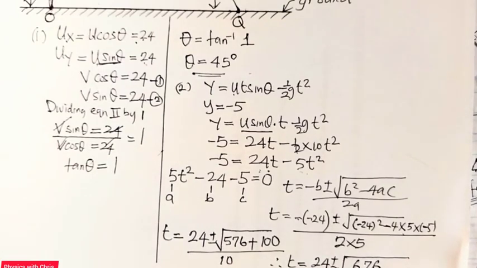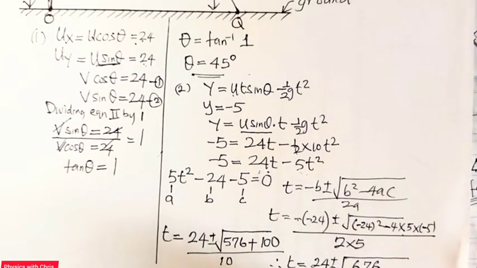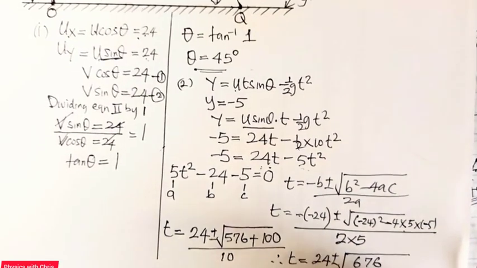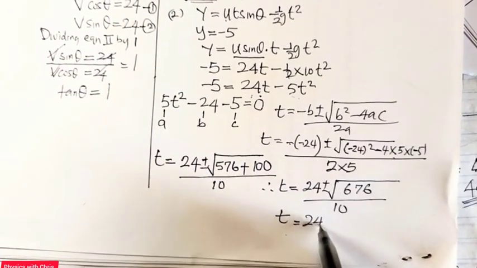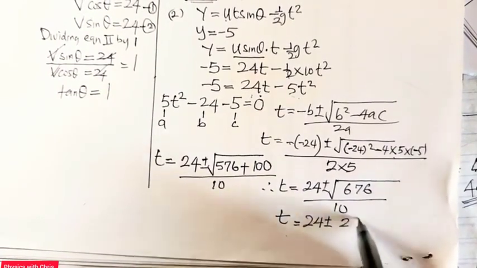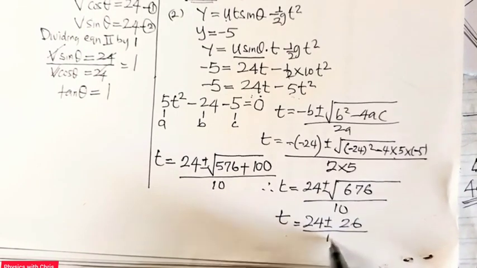The square root of 676 gives me 26. So my time t is 24 plus or minus 26 over 10.